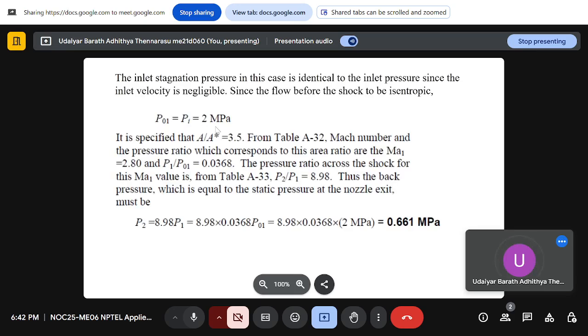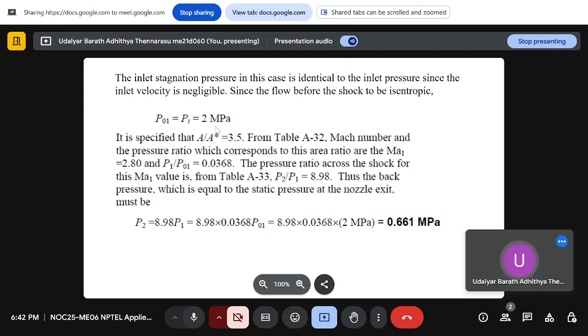For that, first we will find the inlet stagnation pressure. That will be equal to the inlet pressure, because the velocity is very low, so you can neglect the kinetic energy. So the pressure remains the same as the stagnation pressure.